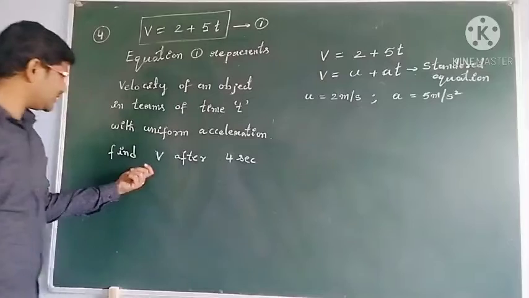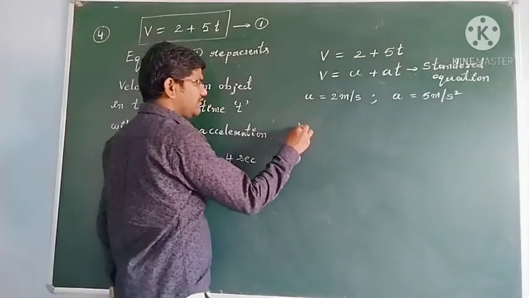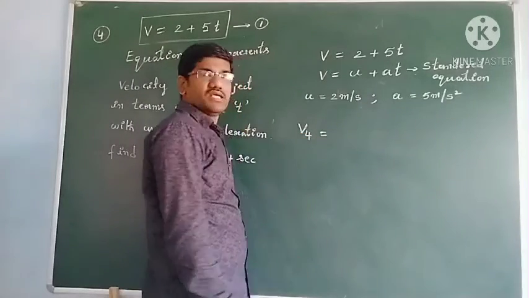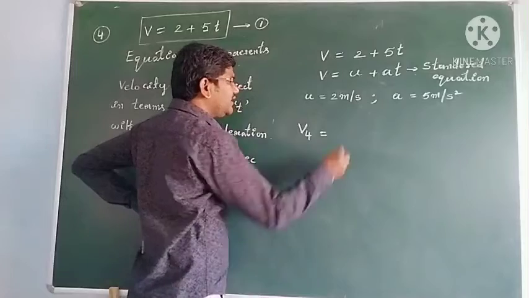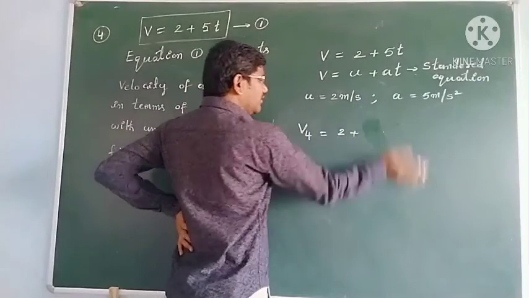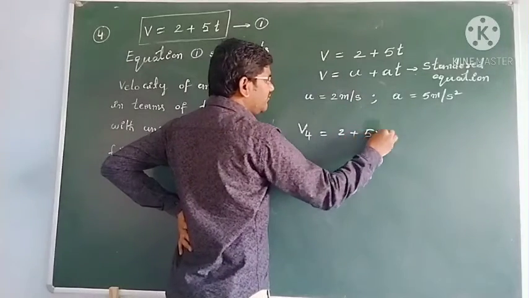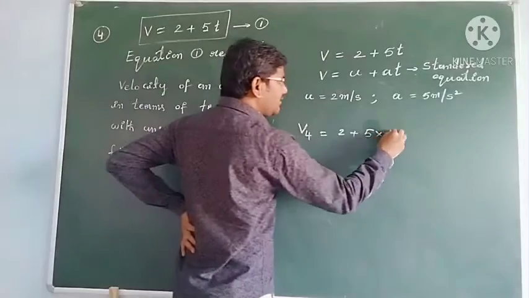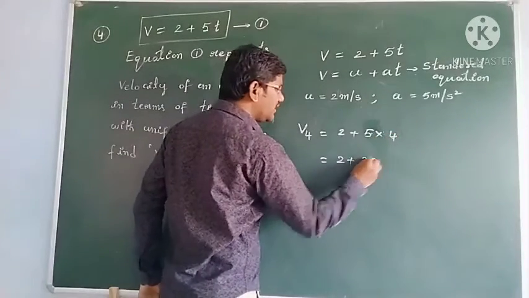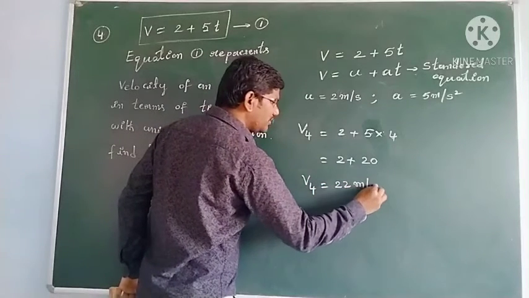So now we want velocity after 4 seconds. v4 is equal to u plus at, u value 2, a value 5, and I want velocity after 4 seconds, so time I should write 4. So 2 plus 5 fours are 20, so velocity after 4 seconds I will get 22 meters per second.